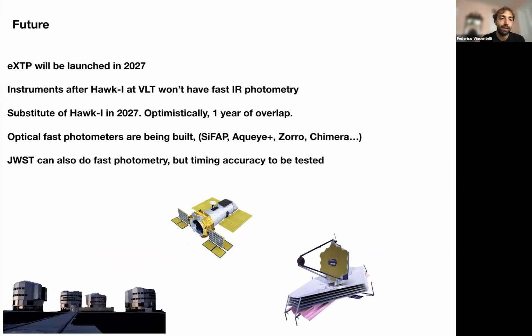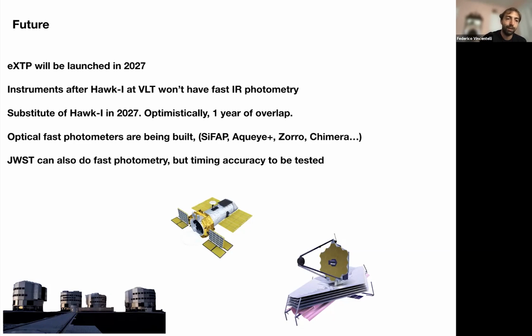For the last slide, for the future, I want to just show the prospects for this kind of studies. eXTP will be launched in 2027. The future instruments after HAWK-I will not have fast infrared photometry, at least this is what is stated on their webpage.